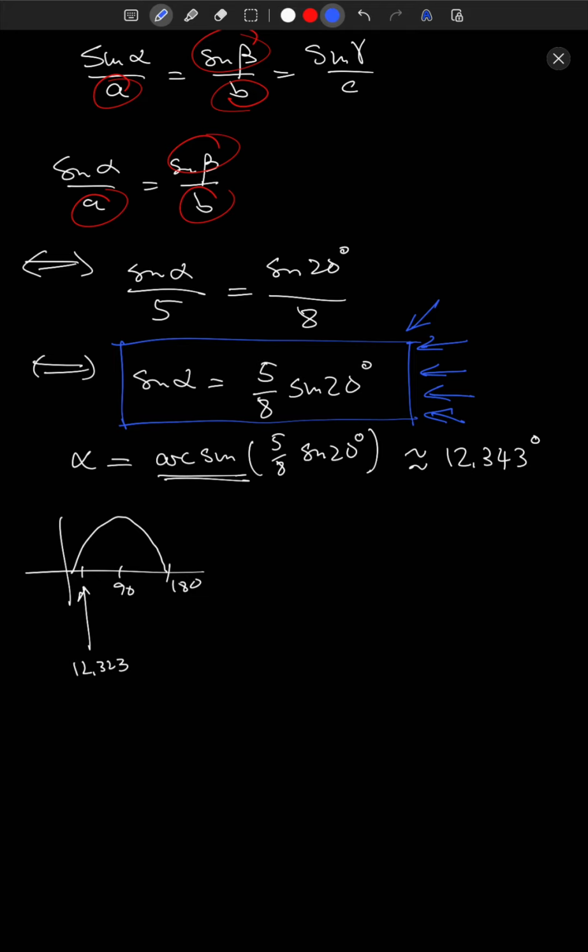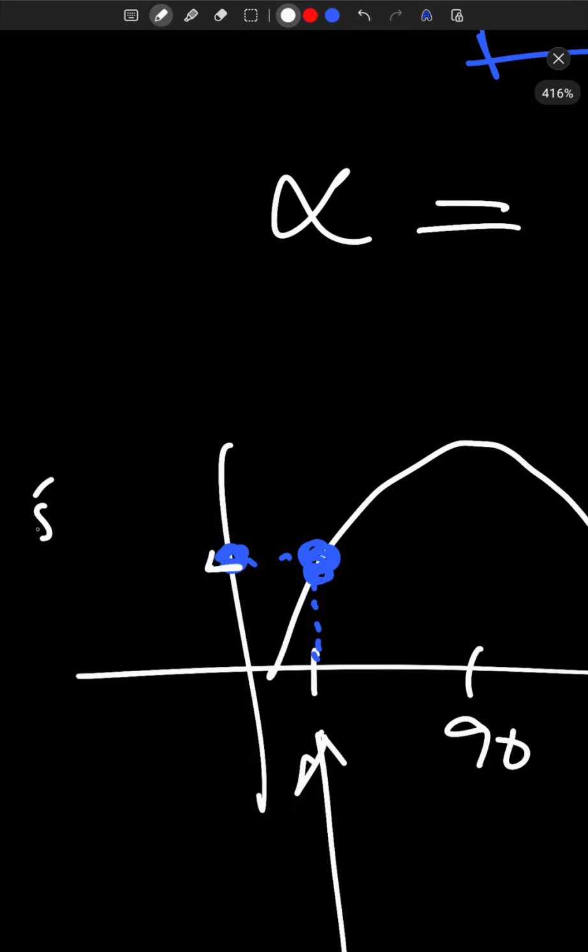We can see that we wanted the output right there, right? This height here represents 5 over 8 sine 20 degrees, right?